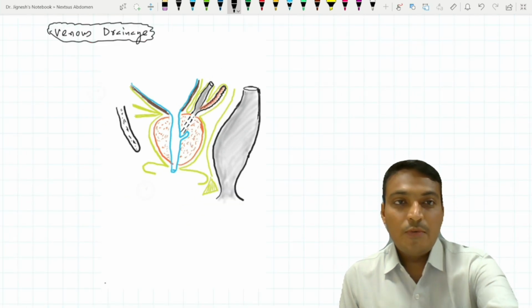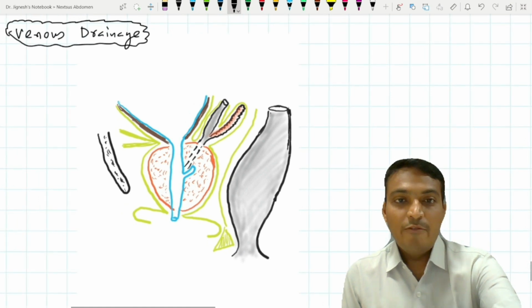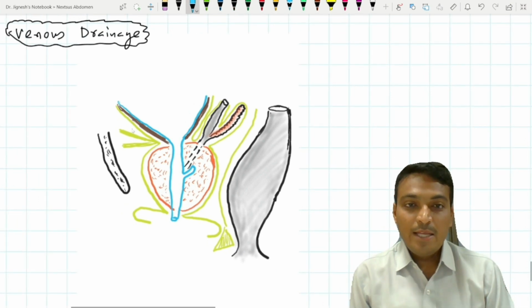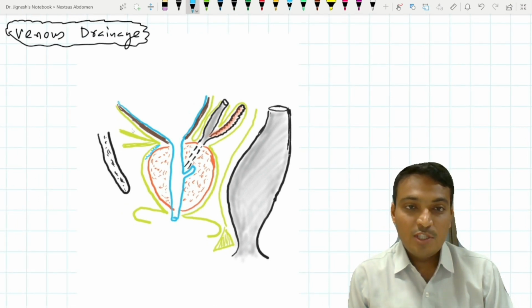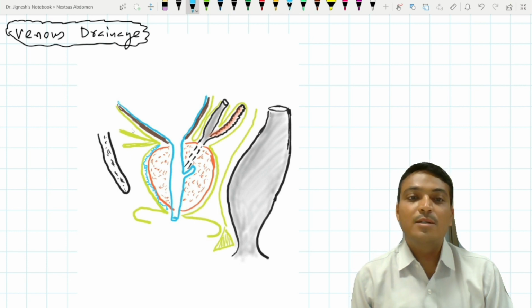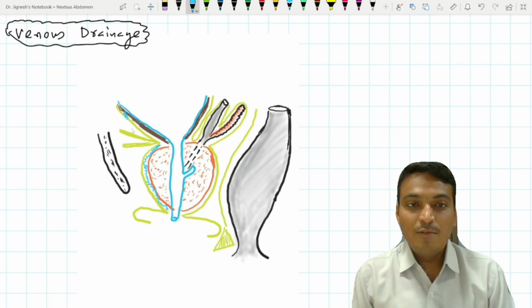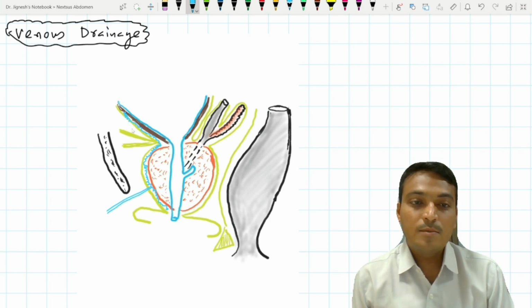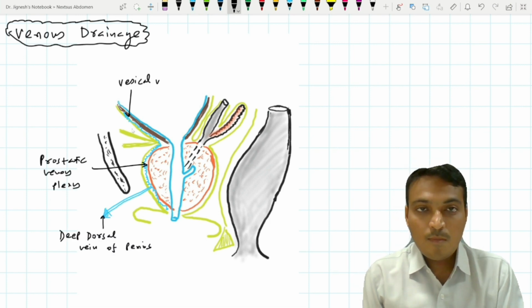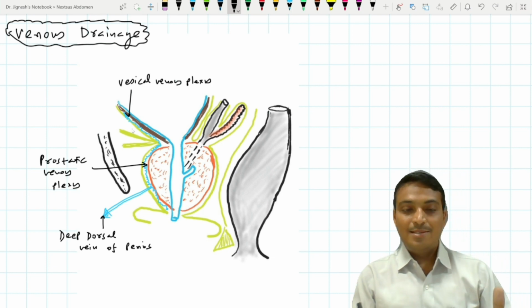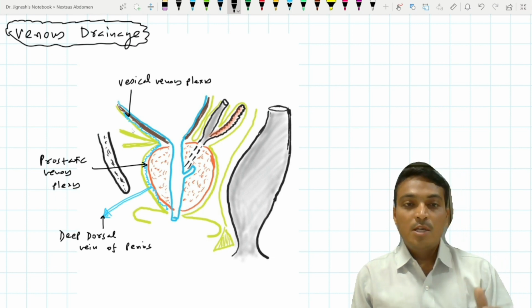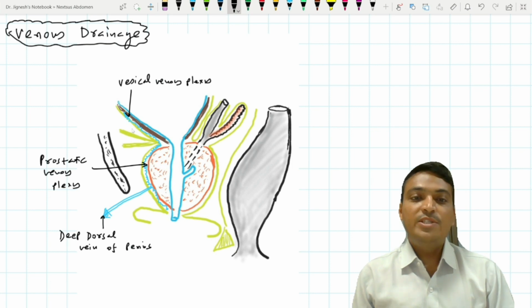The venous drainage of the prostate is via the prostatic venous plexus, which is situated between the true and the false capsule, as we have already discussed. It is continuous with the vesical venous plexus above, and it also receives one vein called the deep dorsal vein of the penis. This venous plexus is situated within the retropubic space of Retzius.